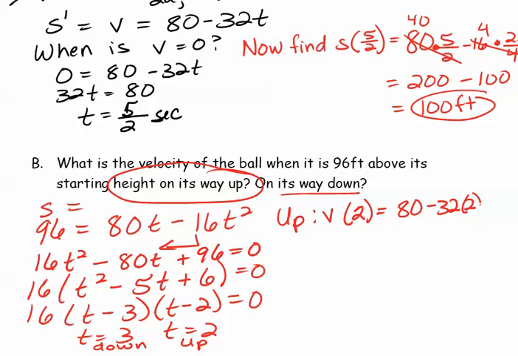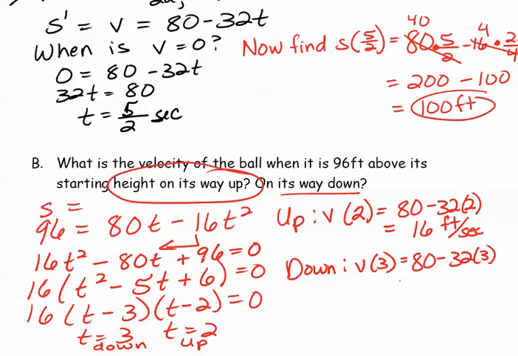And we would come up with 16 feet per second on the way up. And on the way down, we would do the velocity at 3 seconds. So 80 minus 32 times 3, and we'll have negative 16 feet per second.